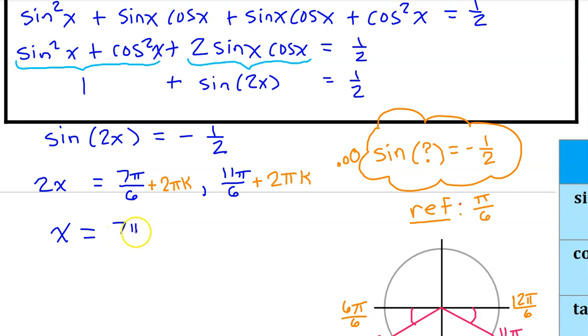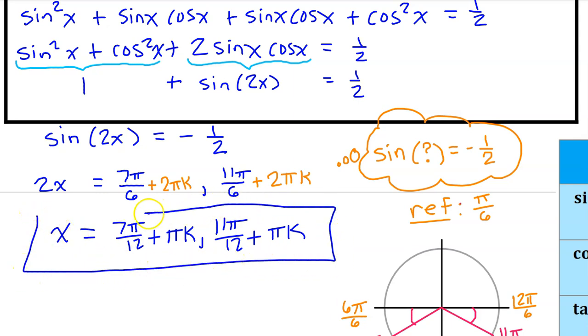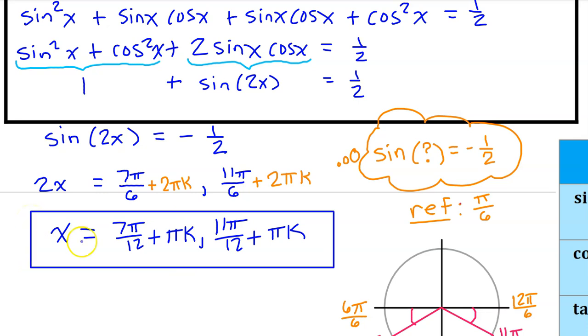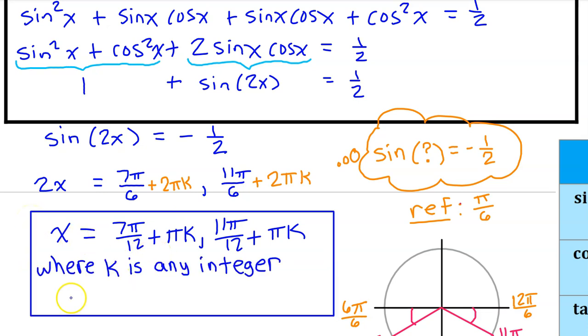So we have 7 pi over 12 plus 2 pi k divided by 2 is just pi k. 11 pi over 6 divided by 2 is 11 pi over 12. And again, 2 pi k divided by 2 is just pi k. Since there is no restriction on the value of x, this is the final answer. Except we should add where k is any integer.